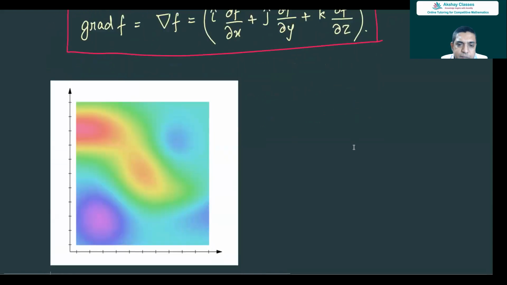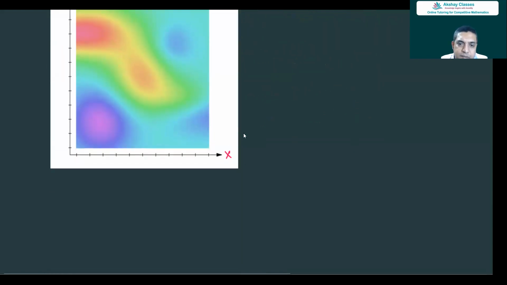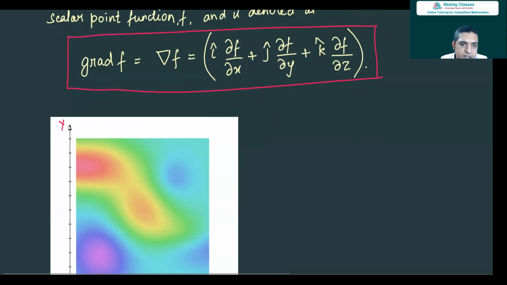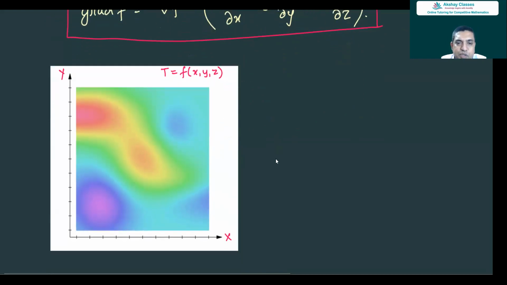Here there is a temperature that is changing with respect to x, y, and also z. But here we are taking one particular value of z, that is z equal to 0, and this particular plane is the z equal to 0 plane. And here the temperature is changing.